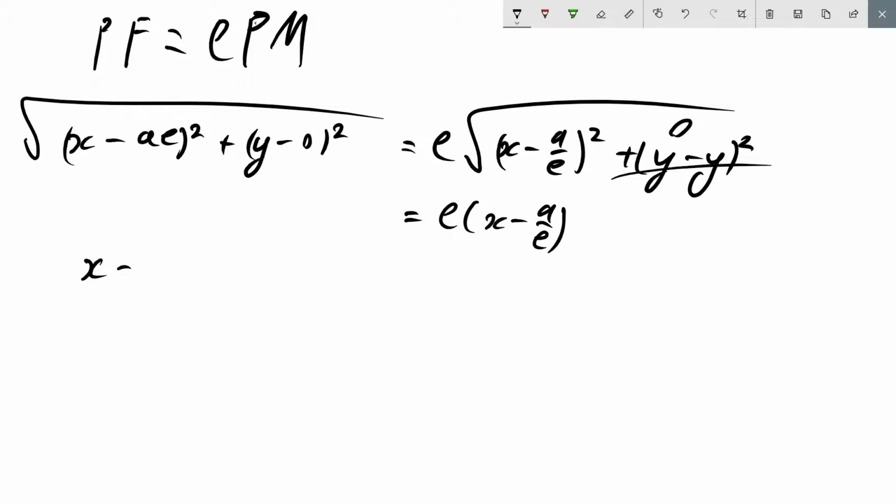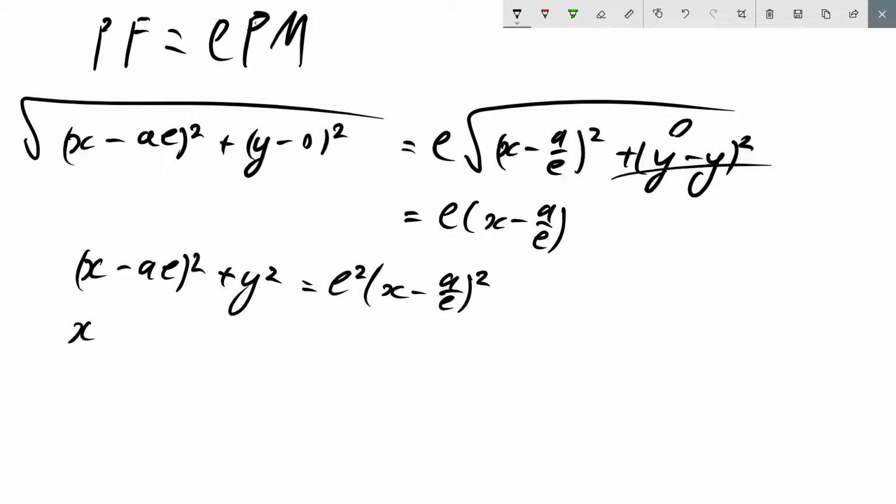So we do (x minus ae) squared plus y squared is going to equal e squared lots of (x minus a/e) squared. Now we're going to expand both sides. We're not going to expand the e squared into it yet.